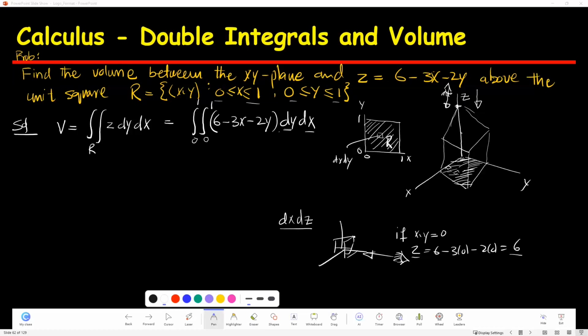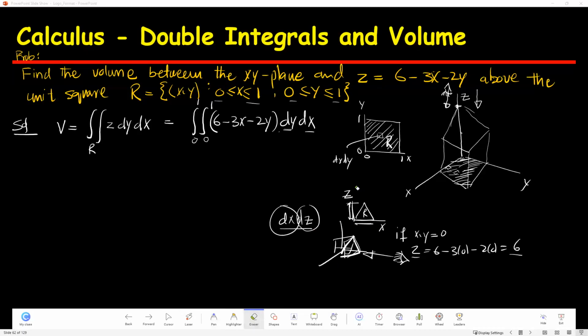Let's suppose it's a square or maybe a rectangle. From this side it's going to look like a rectangle, and this is your r. That is your x-axis and that is your z-axis. So you take this limit and substitute for x, and you take this limit and substitute for z. Make sure we take a point so we can see these regions accordingly.